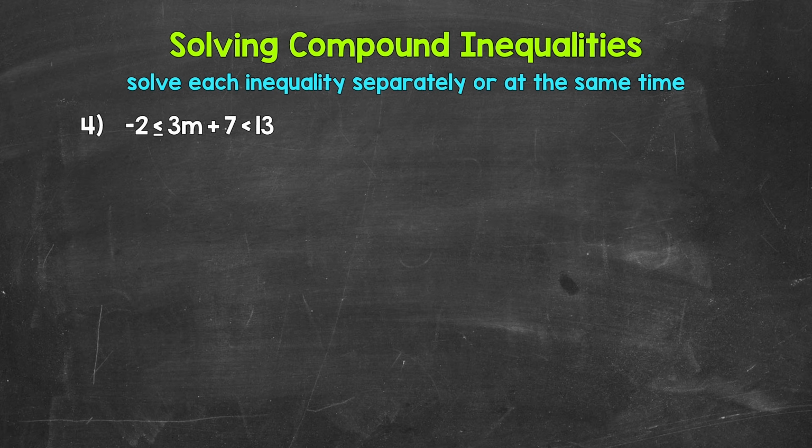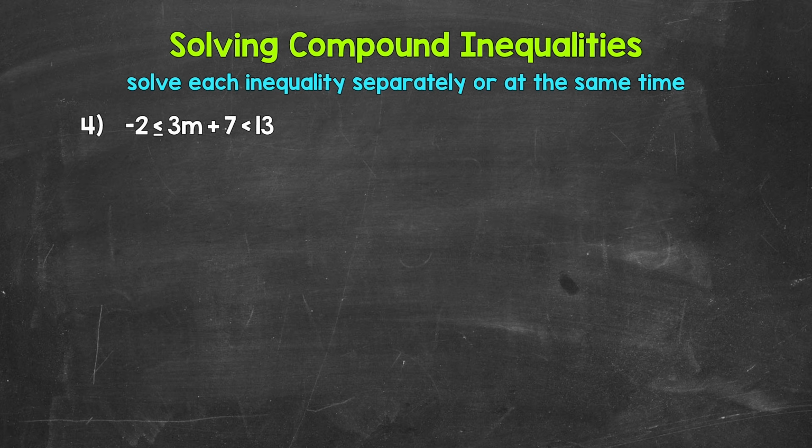Now let's take a look at number 4. And we're going to solve this the same way we did number 3. We're going to solve each inequality separately, then at the same time. So let's jump in here, where we have 3m plus 7 is greater than or equal to negative 2 and less than 13.